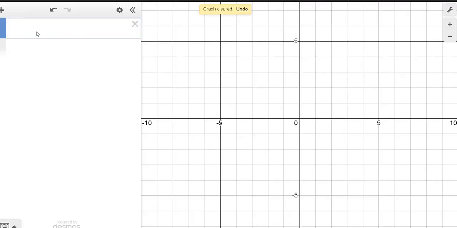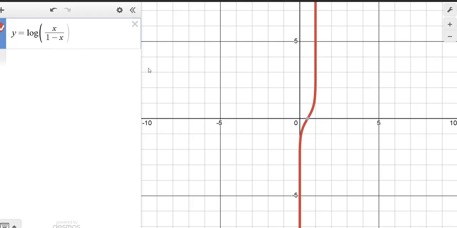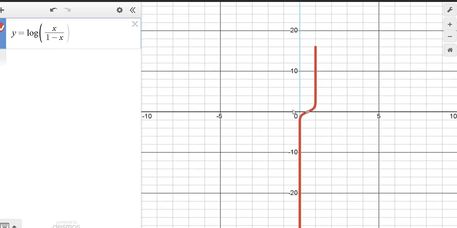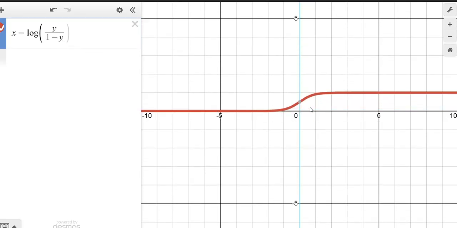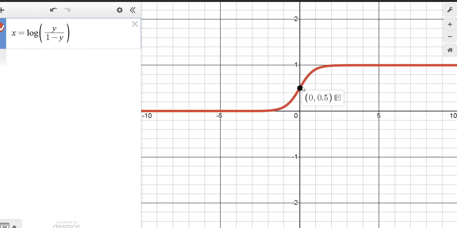I think that would be y equals log of x over 1 minus x. Yeah, I have to have that turned upside down. Let me just do it this way: x, y, and y. So something like that. You have an initial growth, but then it'll stabilize and reach a maximum.